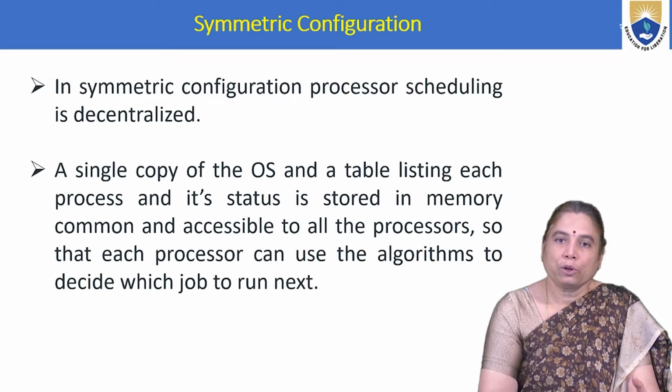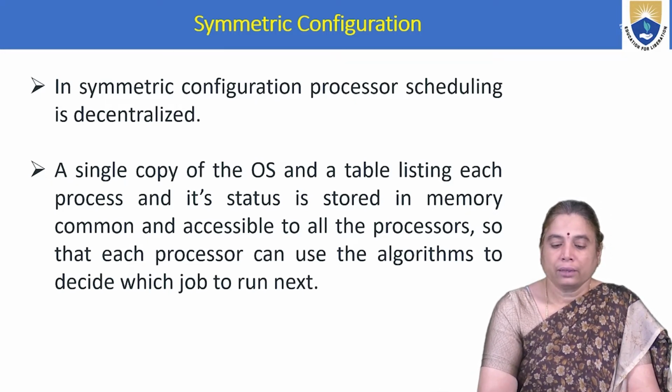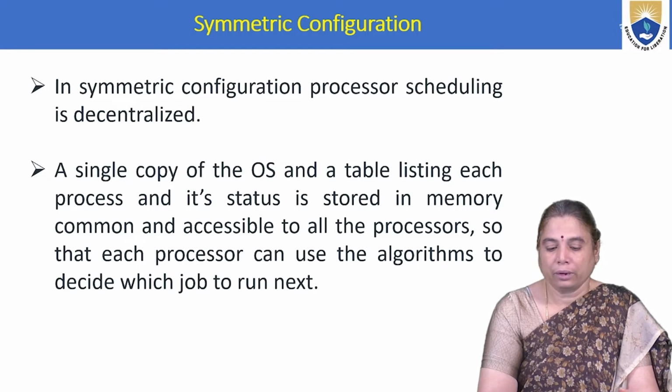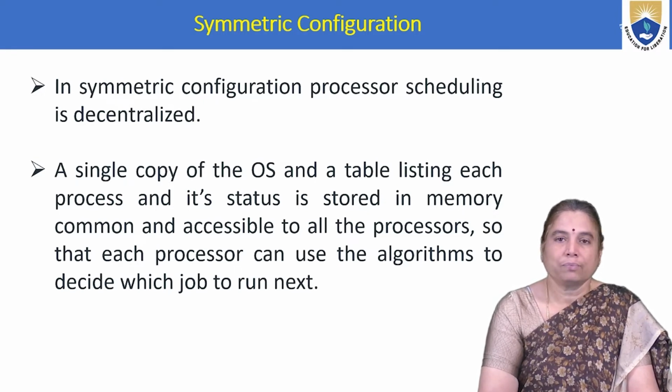The global table is maintained so that the scheduling of tasks and the operating system are available there, so that each processor can use algorithms to decide which job to run next.